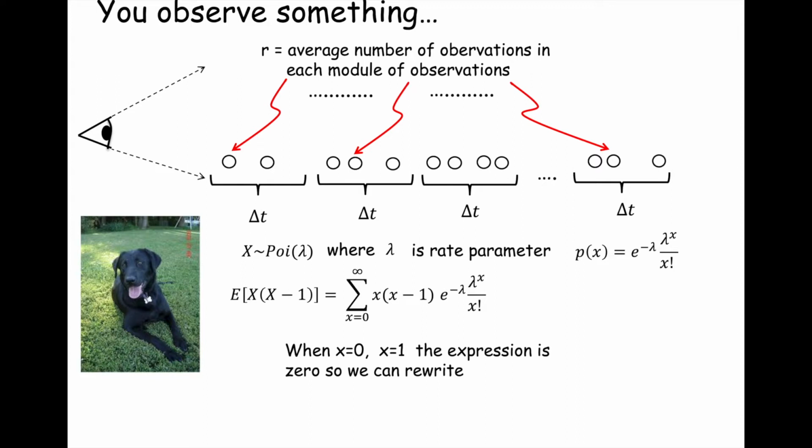This term is 0, so the whole term ends up as 0, plus the remainder of that sum, X equals 2 to infinity, of X(X−1) e to the minus lambda, lambda to the X over X factorial. So we're essentially striking out the 0th term and the first term from the sum, just by using algebra and the identity that you multiply anything by 0 and it's 0.